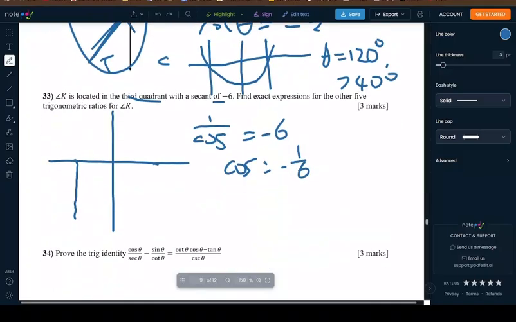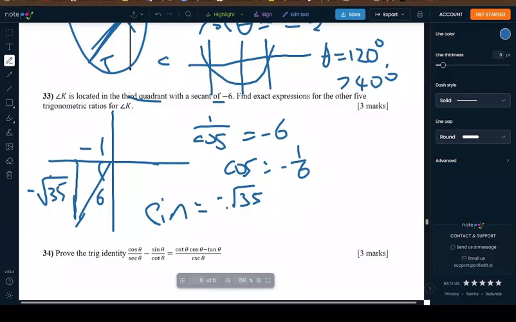So this is negative 1, this is 6, so this is square root of 35. Alright, do your work. So sine is equal to opposite over hypotenuse. This is also negative because of the y value, so negative 6 over the hypotenuse. And then do the rest. Not hard.